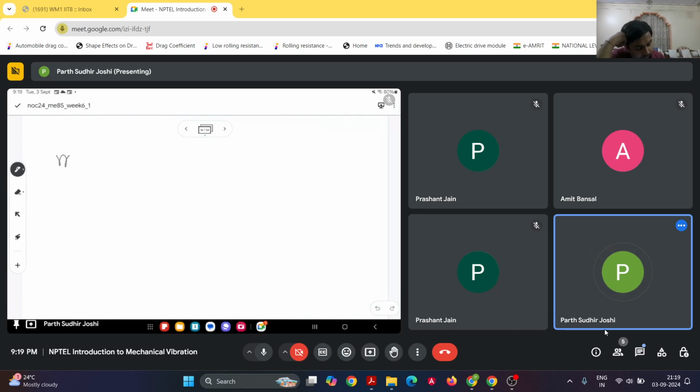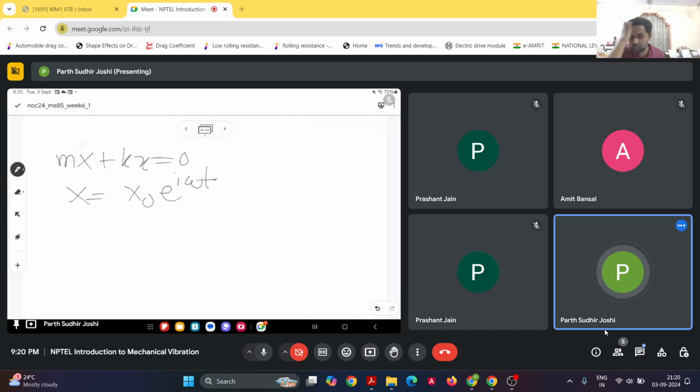If you consider m x double dot plus k x is equal to 0, and in this equation you substitute x is equal to some x naught e to the power I omega t as the form of the solution, then x double dot will be minus omega square x naught e to the power I omega t, right?